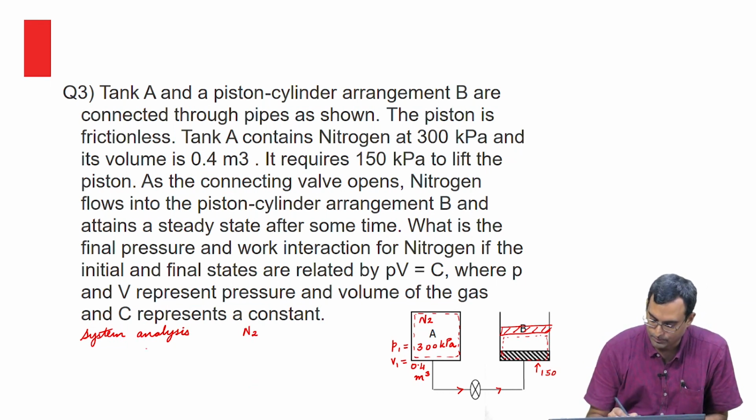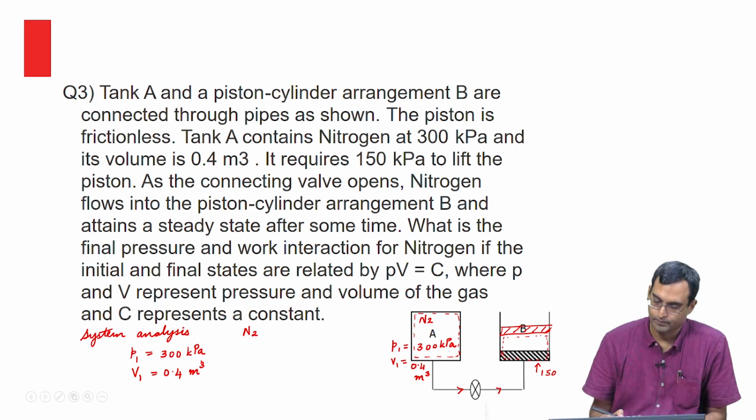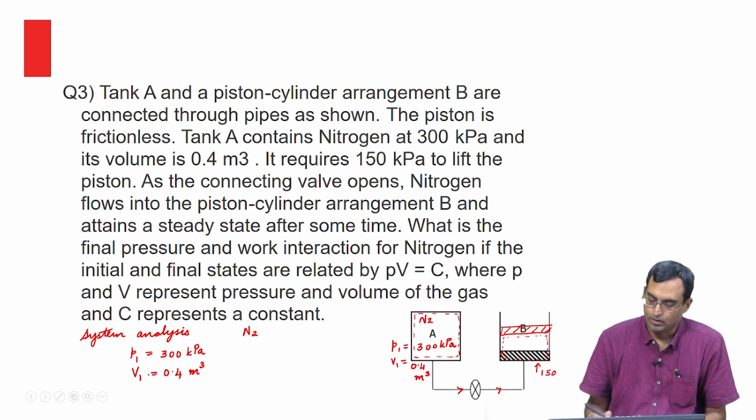Initial pressure P1 is given as 300 kilopascal. Initial volume is 0.4 meter cube. So, we know the initial state. We do not know the mass, but we can find out other things which we need.